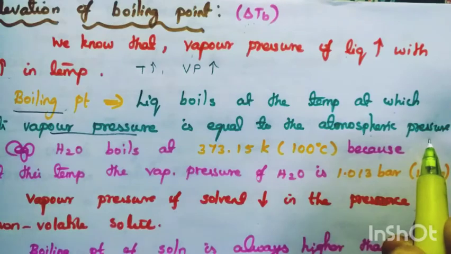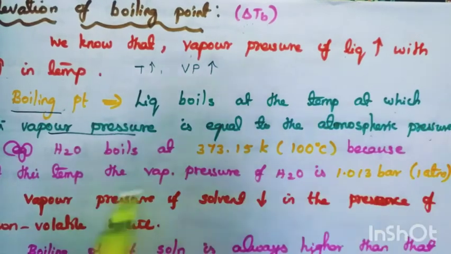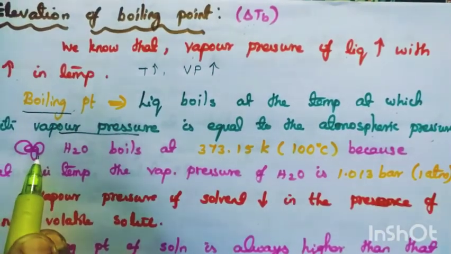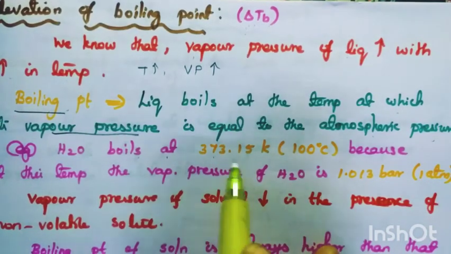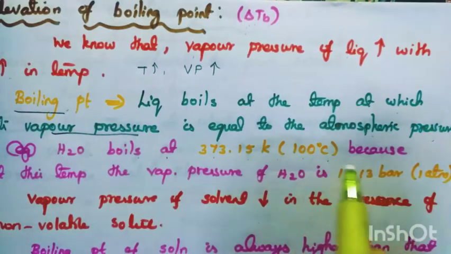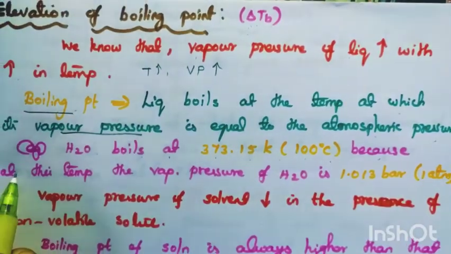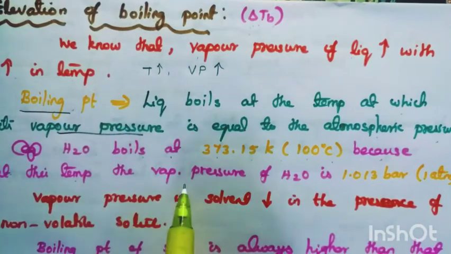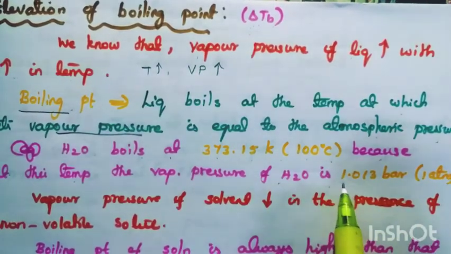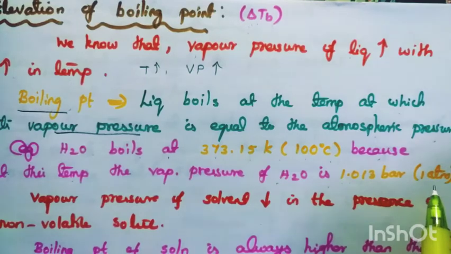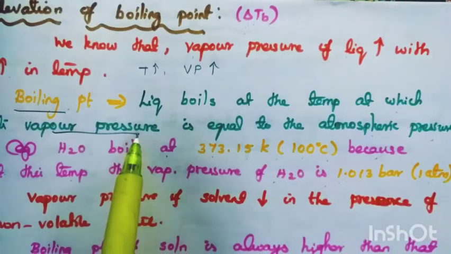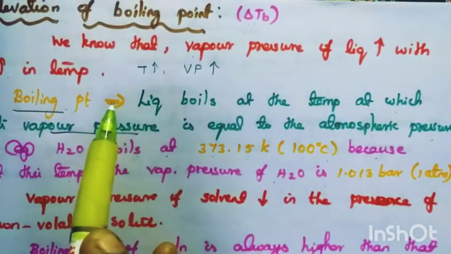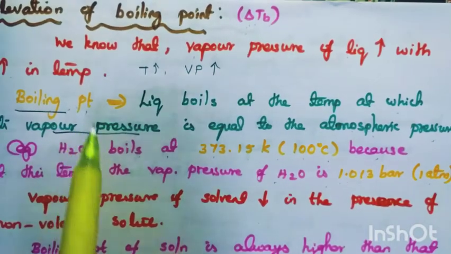For example, water boils at 100 degrees Celsius, that is 373.15 Kelvin, because at this temperature the vapor pressure of water is 1.013 bar, which is nothing but 1 atmosphere. So when the vapor pressure is equal to atmospheric pressure, the liquid boils. That temperature is called the boiling point.